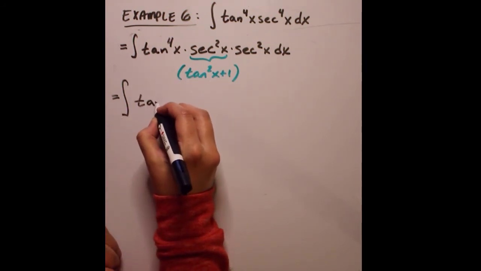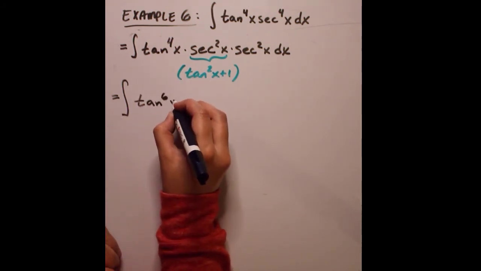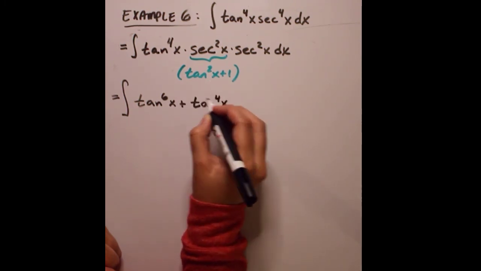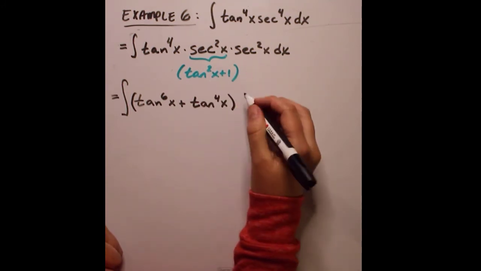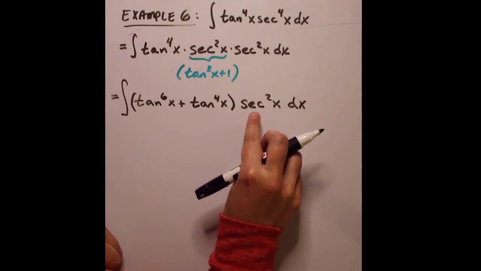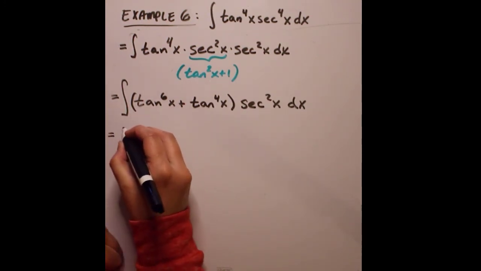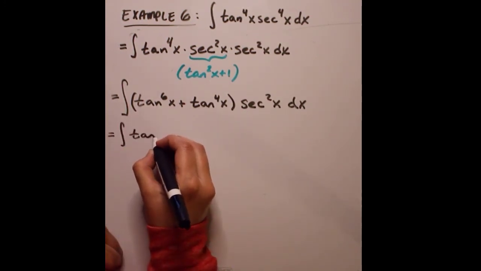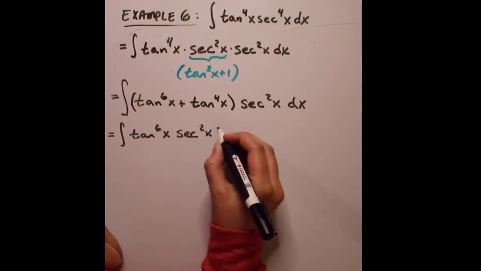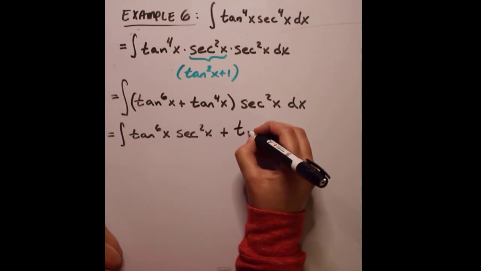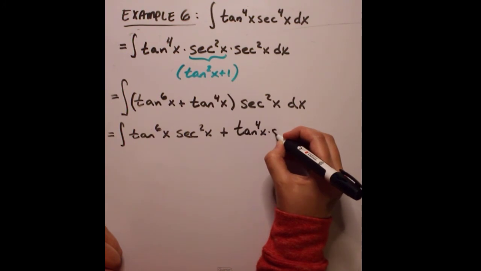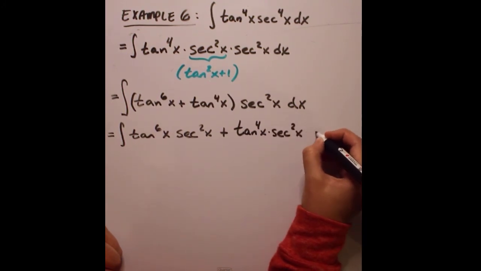So this becomes tangent to the 6th x plus tangent to the 4th of x, still times this secant squared. And then now let's distribute that secant squared. So this is integral of tangent to the 6th of x times secant squared of x plus tangent of x to the 4th times secant squared of x.